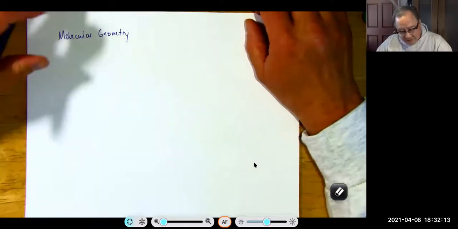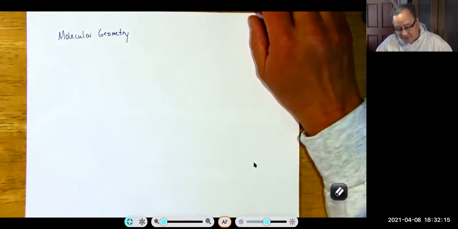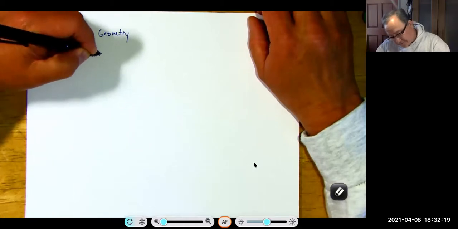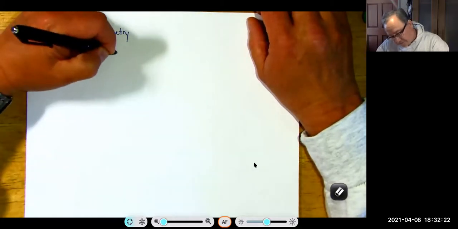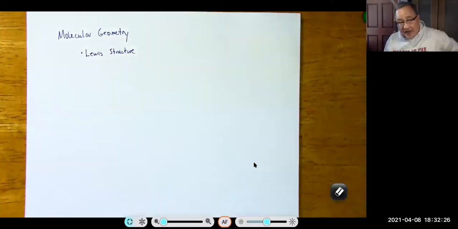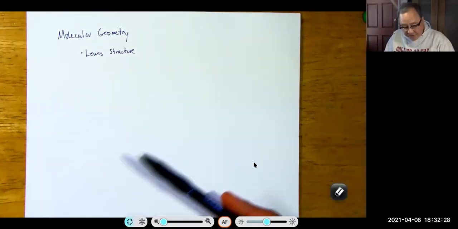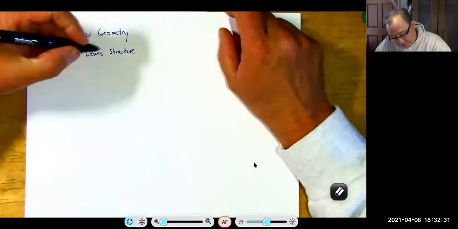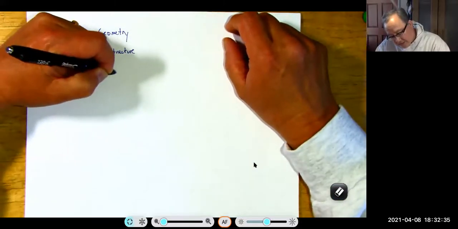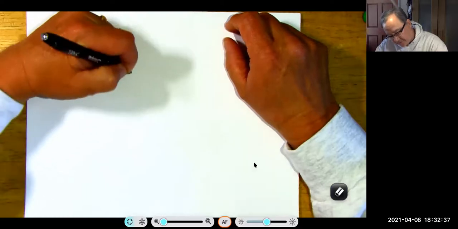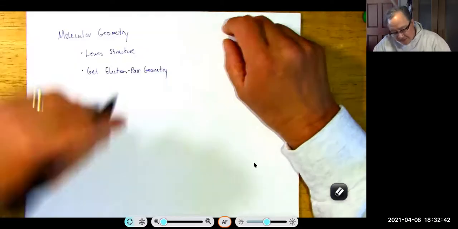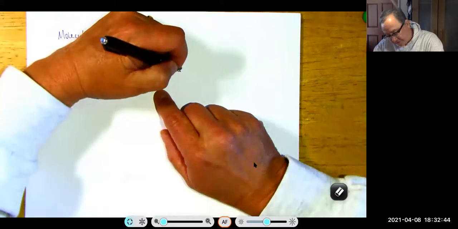Okay, so here's how you get molecular geometry. First, you need a Lewis structure. And that includes resonance structures if they have them. Then you get the electron pair geometry, and this gives you the angles.